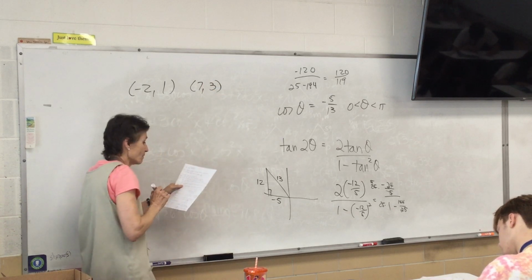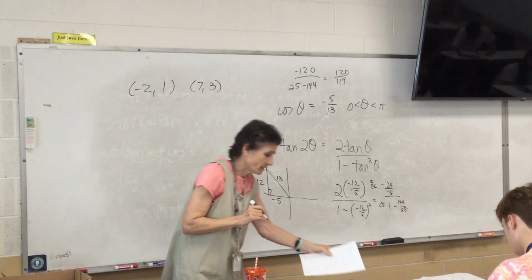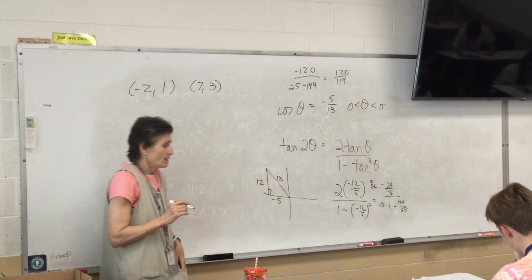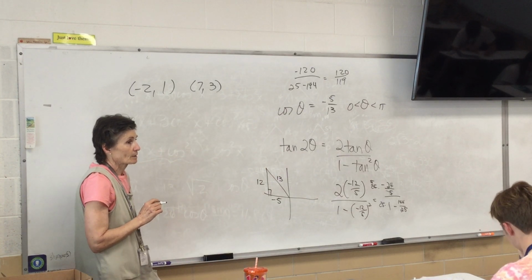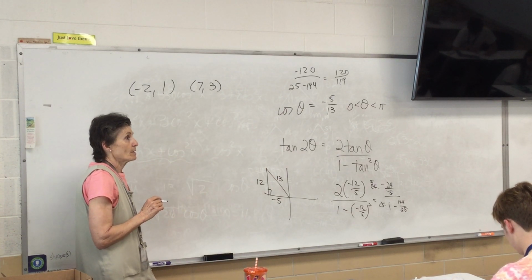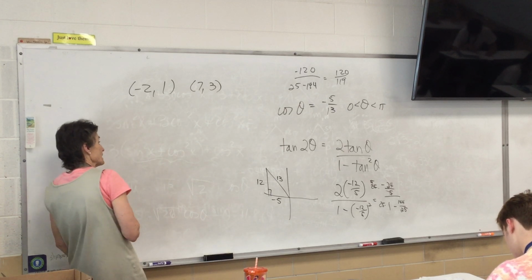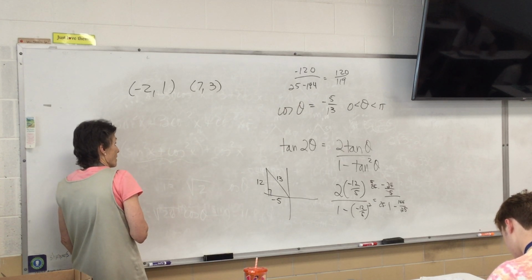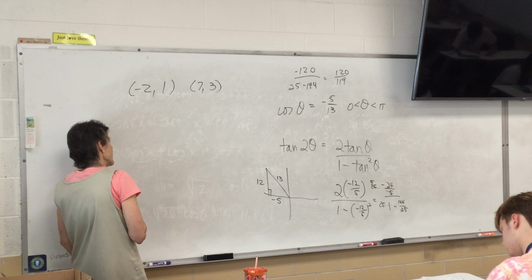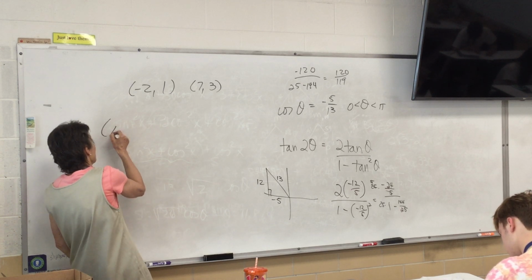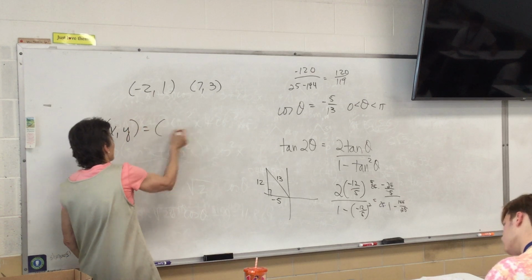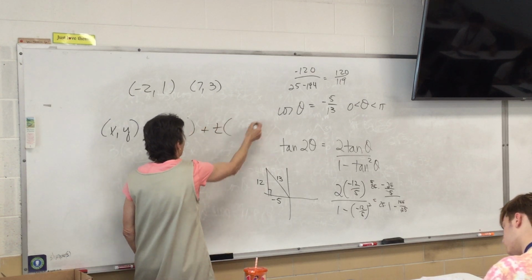All right, I need the parametric equations for the line through these 2 points. So, in order to write parametric equations, well, I shouldn't say we need to. The easiest thing, I think, is to write the vector representation of the line.